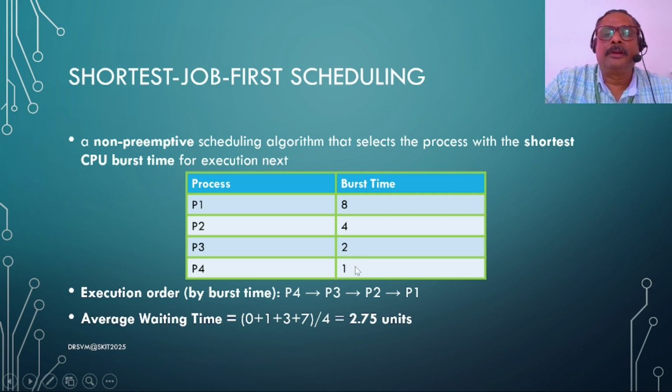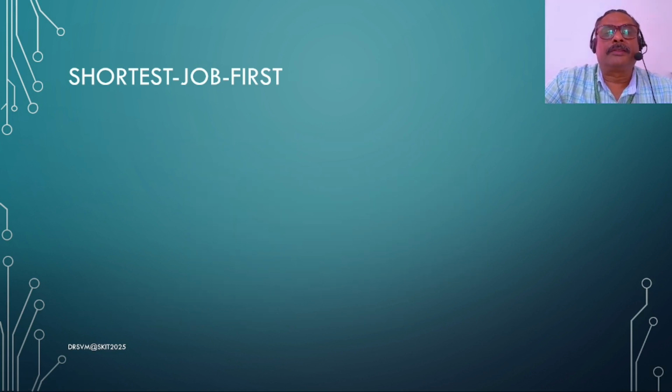Finally P1 gets its chance after P4, P3, P2 are executed, that is 1 plus 2 plus 4, after 7 units of time. So P1 waits for 7 units. In all there are 4 processes, so we add them and divide by 4, which gives our average waiting time of 2.75.